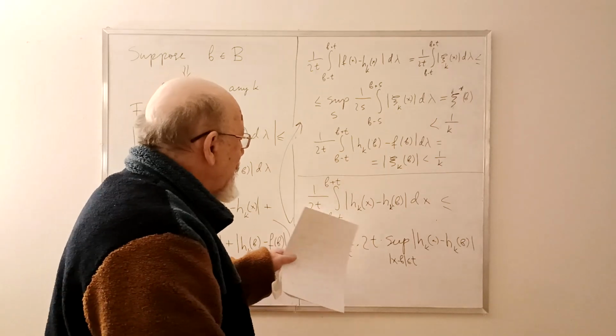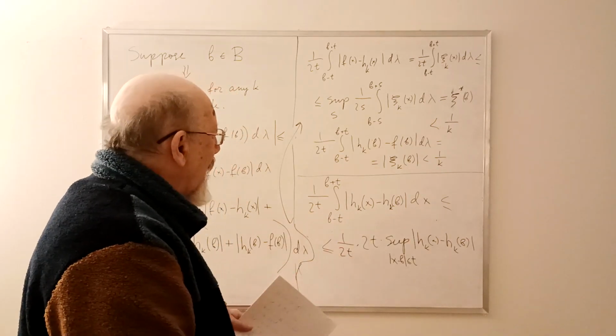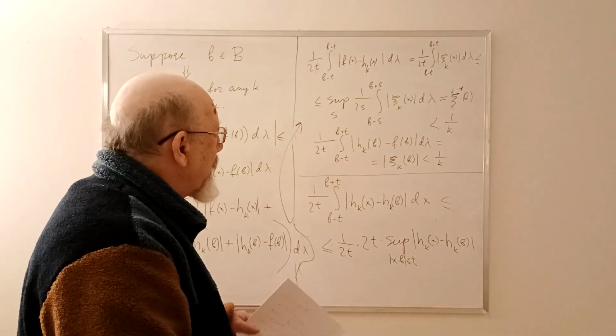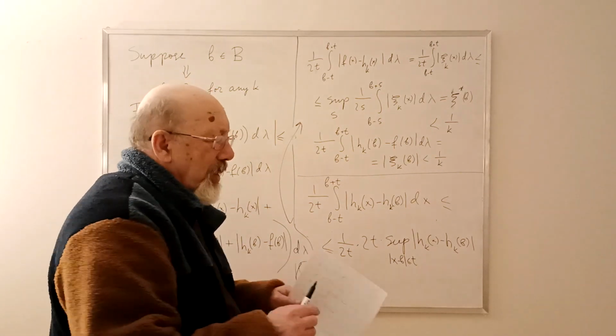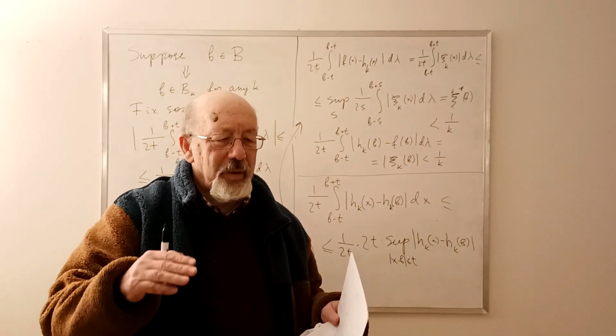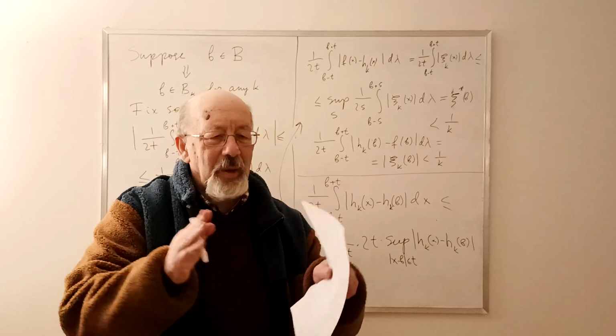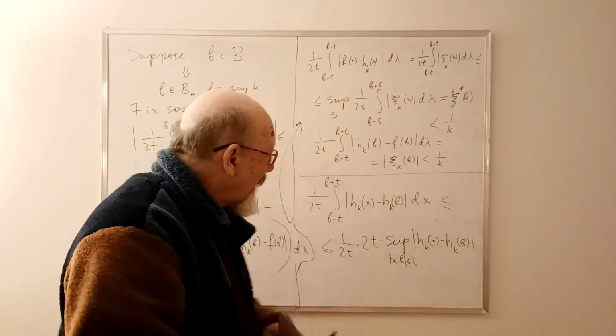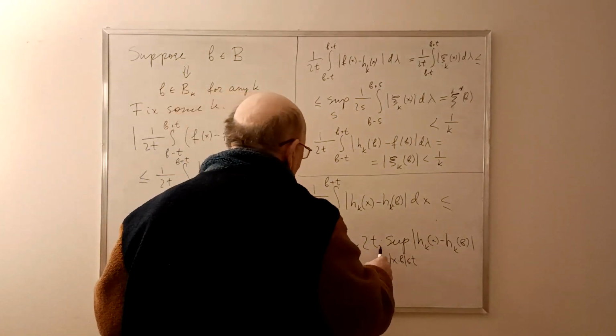It is the simplest estimate of an integral. So the modulus of the integral is less than the supremum of the modulus of the function times the length of the segment of integration. Yeah. No, this is 1.